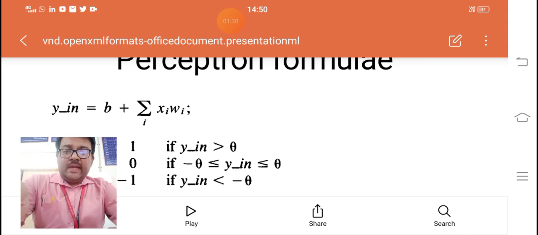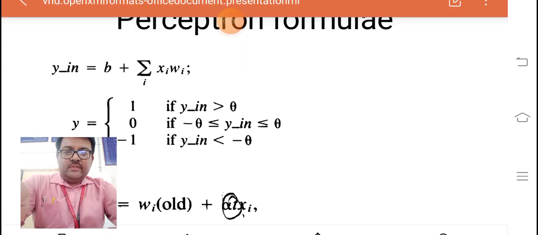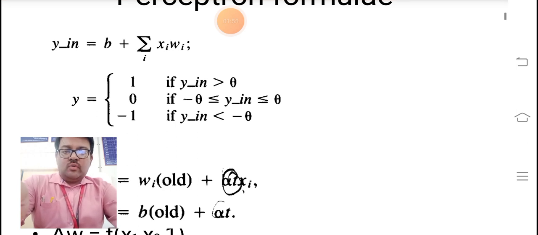Starting with net, that is y_in, the formula is b, that is the bias, plus summation of xi into wi, where xi is the inputs and wi is the weights. And based on the y_in value, you can fix the output.